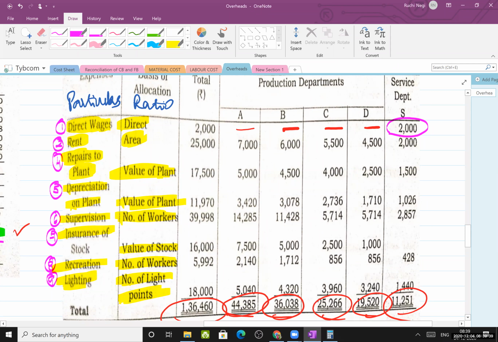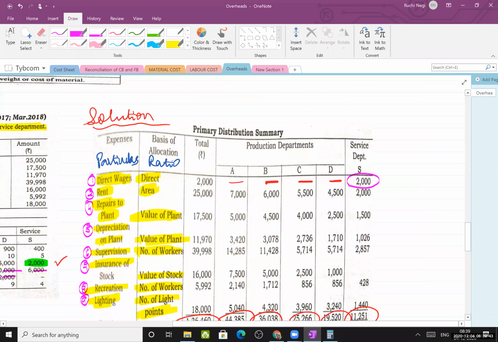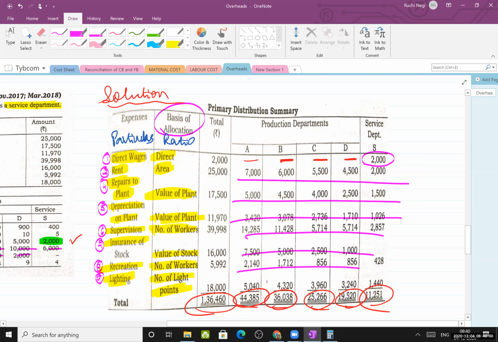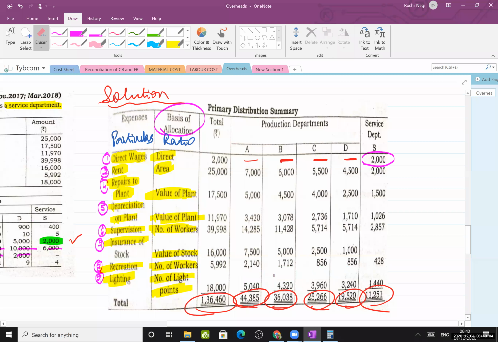Very good, great. Okay, so now see the shortcut method, students? Yeah, you know this. You will first write all the expenses that you have. You will write their basis of allocation, that is the ratio. Then the total column which is given in the question, and then this is what you are going to divide. ये सब divide करने से है, ठीक है? तो भी आपको divide कैसे करना है उसका shortcut है.